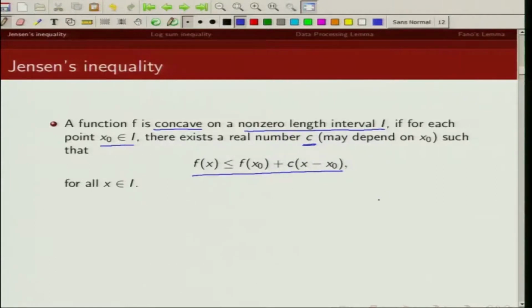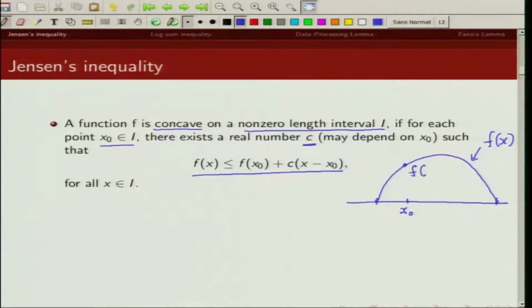Let's draw a function defined over this interval from here to here. Take any point belonging to this interval, let's say this point x0, and this is my function f of x. So what is f of x0? That is this point.